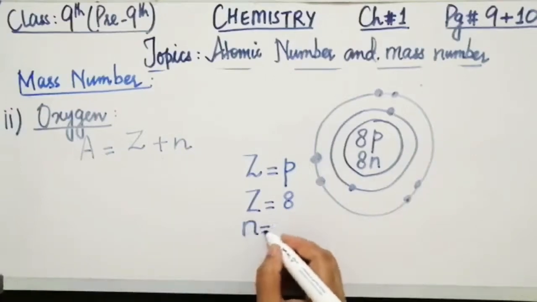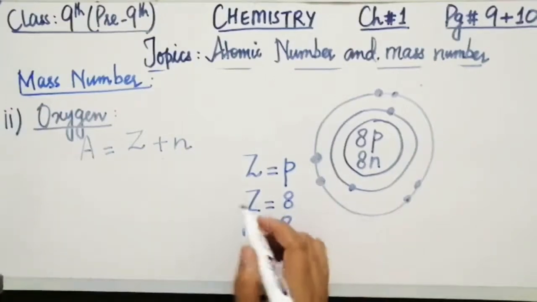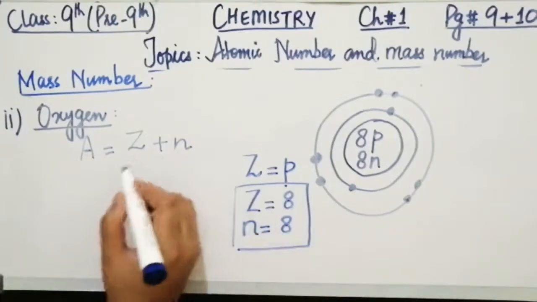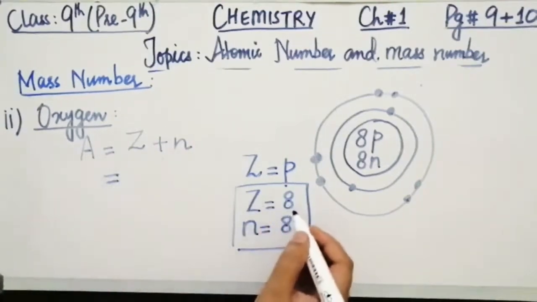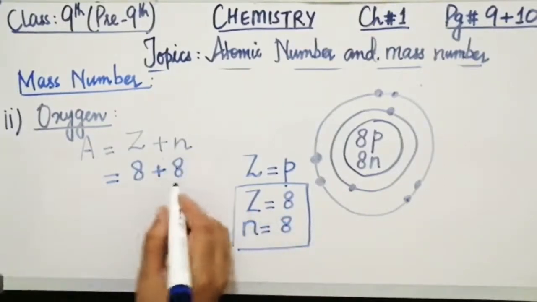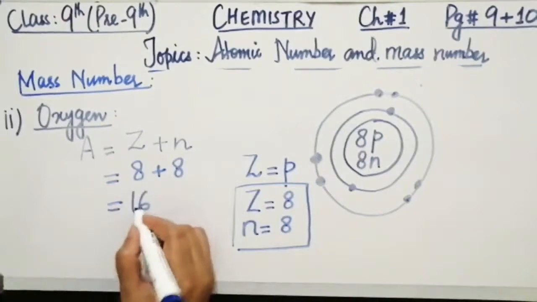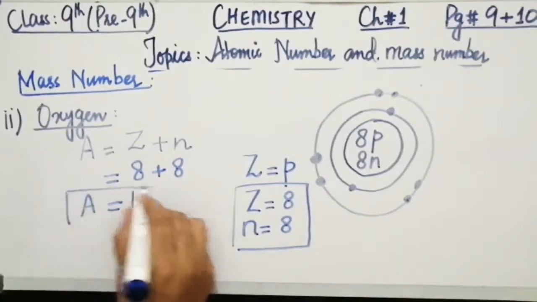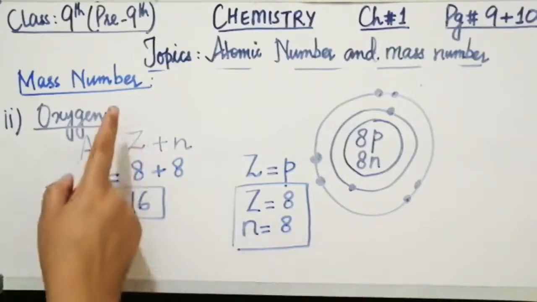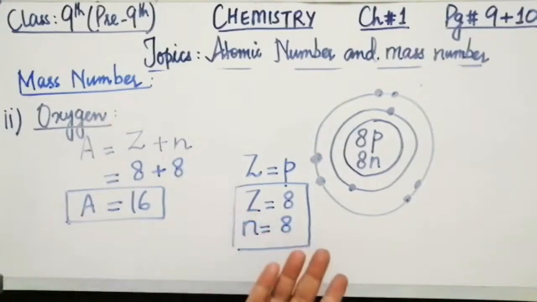The number of neutrons is 8. By putting these values in this formula, we have Z 8 plus number of neutrons 8. So 8 plus 8 is equal to 16. So what is the mass number of oxygen? It is 16. I think this example clearly indicates how you can calculate the mass number of any atom of your choice as well.